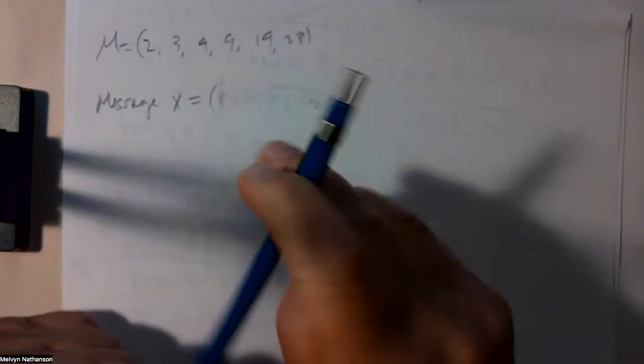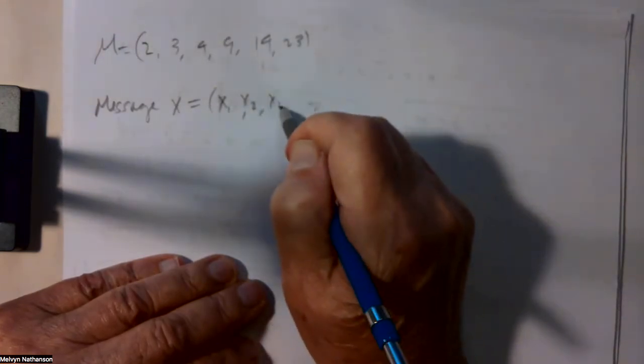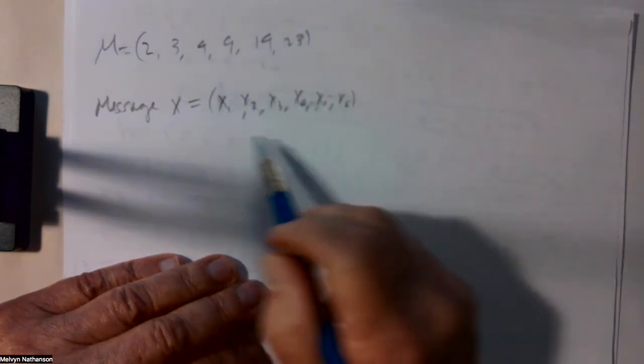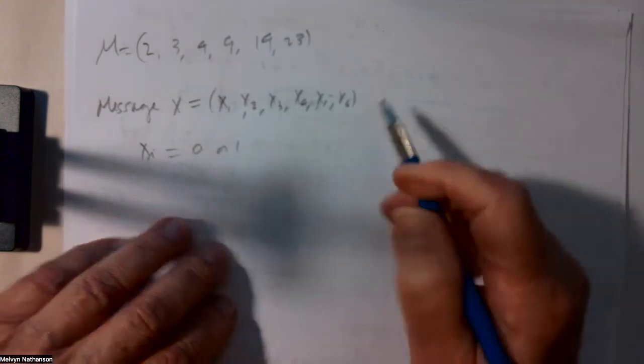So X is a bit sequence of length 6: X1, X2, X3, X4, X5, X6. These Xi's are all 0 or 1.